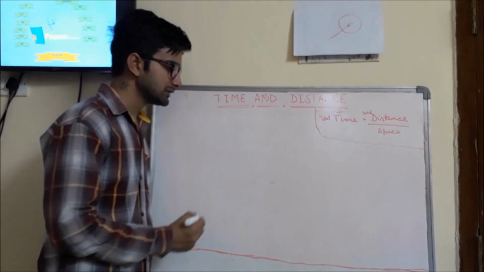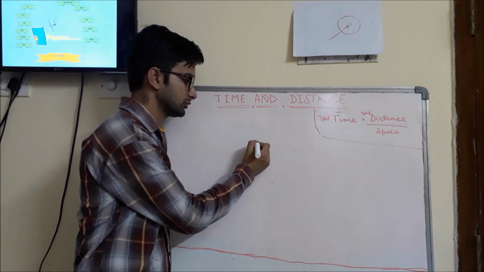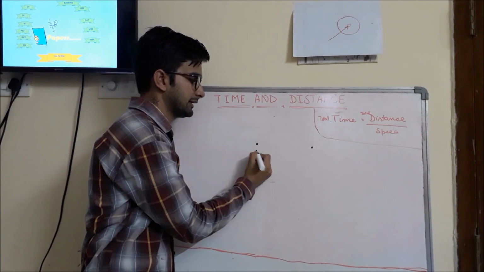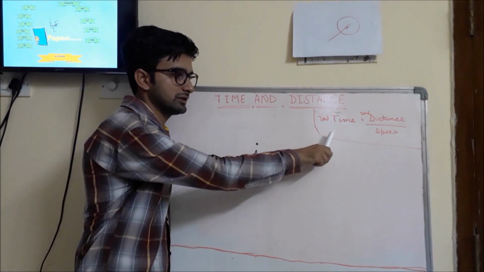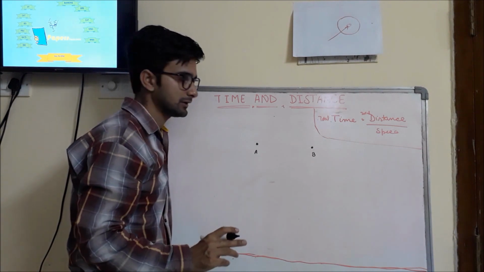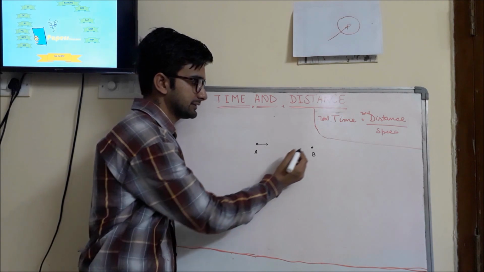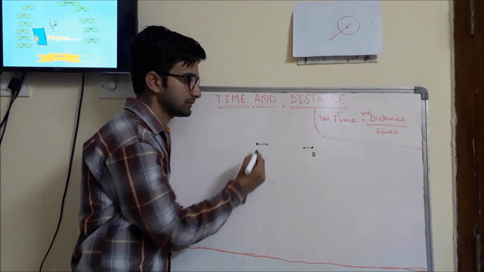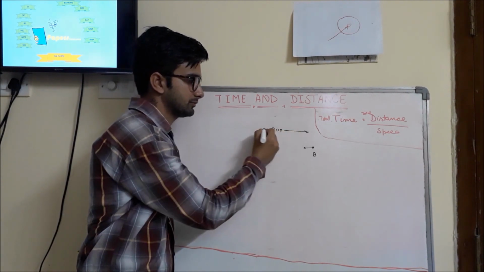Okay, the problem says that there are two trains. Let's say this is point A and this is point B. Remember, we will be using only this formula, no other formula than this. So the first train starts from A and the second train starts from B. Both are moving in opposite directions, and the total distance between these two stations is 200.